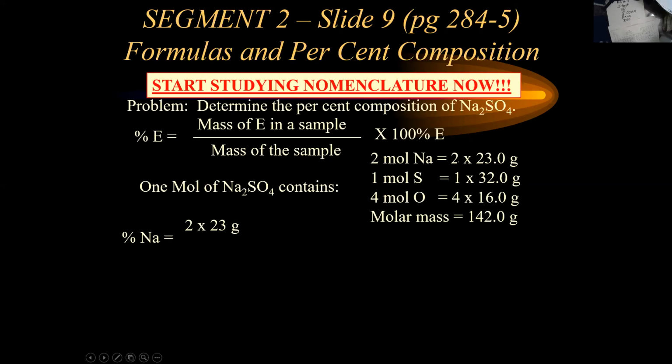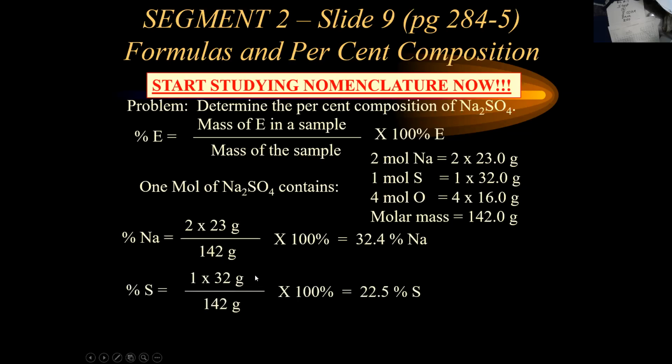If I just write 2 times 23 is 46 and put 46 up there, I'm going to look back later if I made a mistake, and I don't have a clue where 46 comes from. It's not any of the atomic weights on the chart. So it's best to do it this way. And then I'm going to multiply it out and divide. So I get 32.4% if I take 2 times 23 and divide by 142. Notice the grams cancel, the unit is percent.